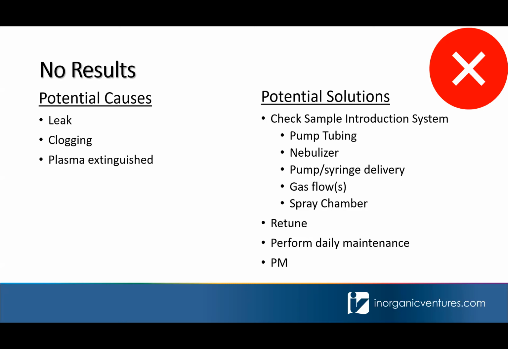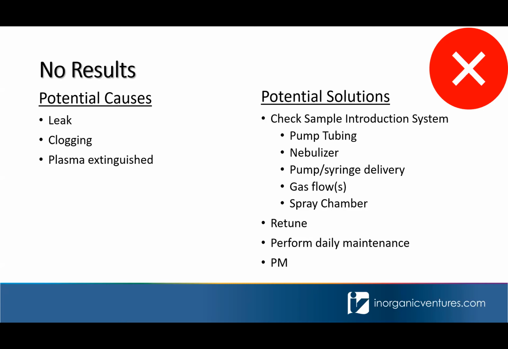Your nebulized solution starts to bead up or collect in your spray chamber, and then generally your plasma will extinguish. If your plasma does remain on, your results are going to be inconsistent. Your signal stability is really poor, and you'll have poor precision as a result of this improper wetting.